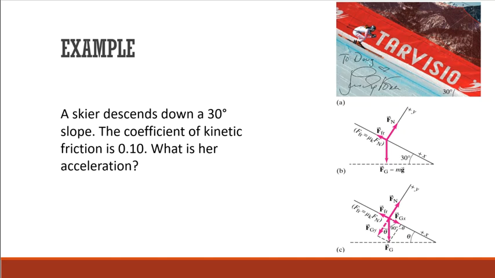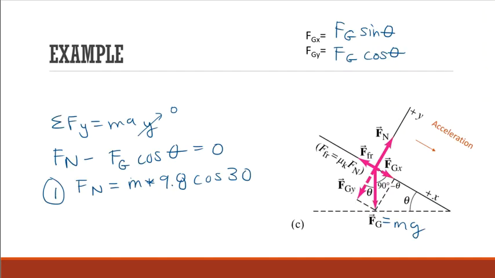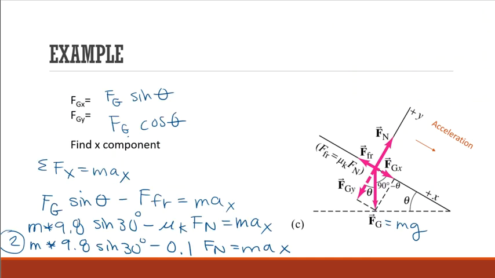Now I want to find acceleration. So we found the y direction. Now let's go to the x direction and see what we can find there. Sum of the forces in the x direction equals mass times acceleration in the x direction. This is the x-axis now. So we have this Fgx, the x component of the force of gravity on the object.